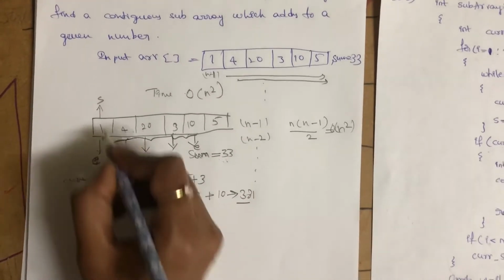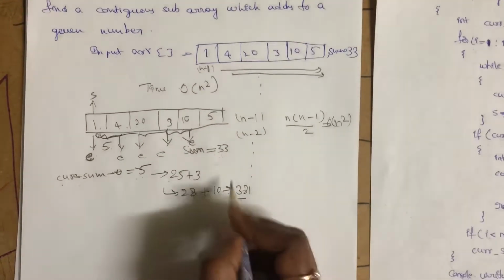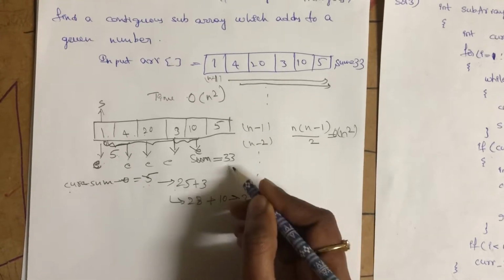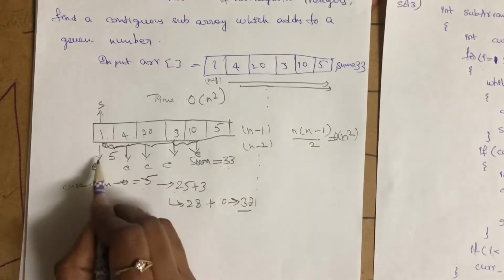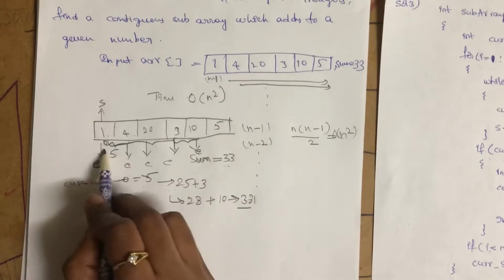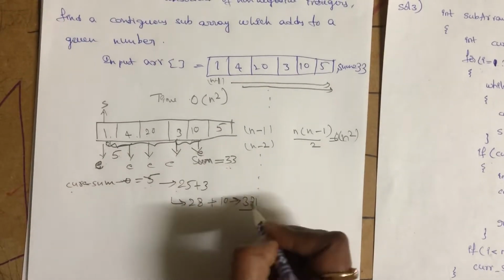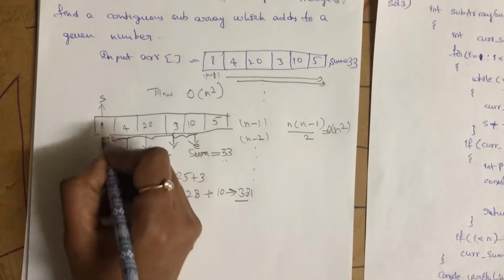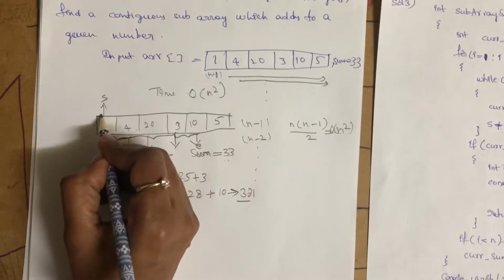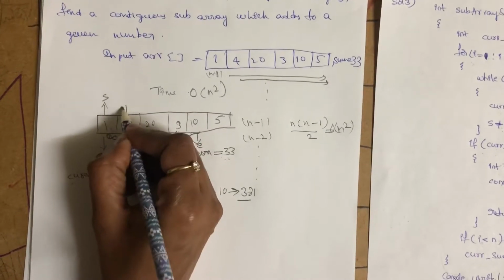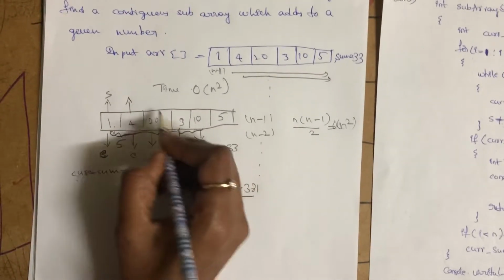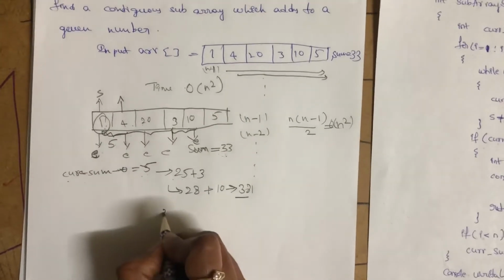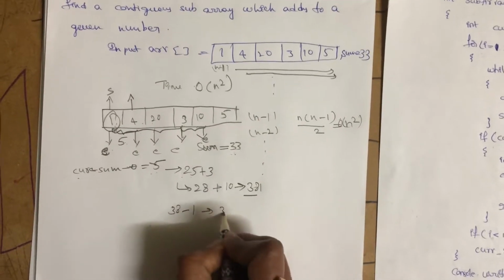Then I move the starting point. If it were equal to the sum, I would return the starting and end indexes, but it is greater. So I move the starting point from here to the next element, and I deduct this number from the current sum, which is 38 minus 1, becoming 37.